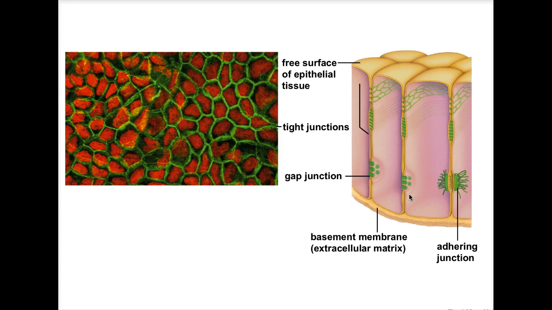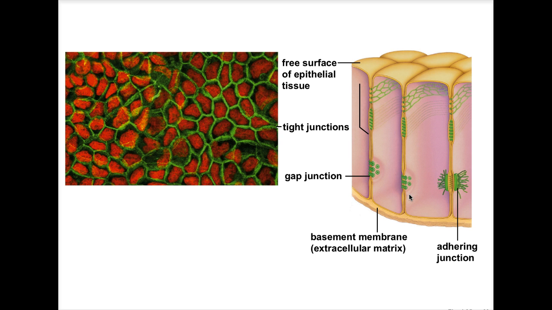So imagine if you had bricks forming a wall and the mortar, which were the tight junctions, wasn't operating efficiently, you'd get leaks between those bricks. We don't want leaks between our cells. Our tight junctions prevent those leaks from occurring.